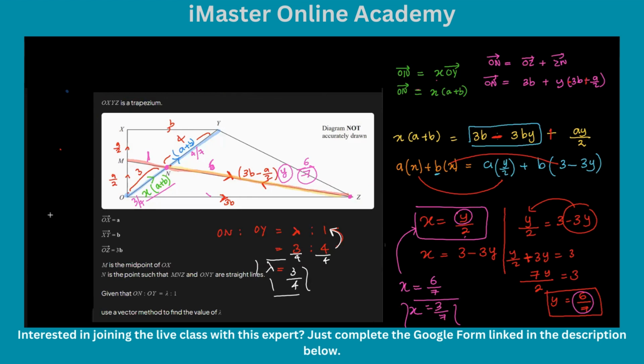All right. Now, how did we approach this question? First of all, we have to understand we can find the vector O to N in two different ways. We can either take this way, or we can also think of this way.